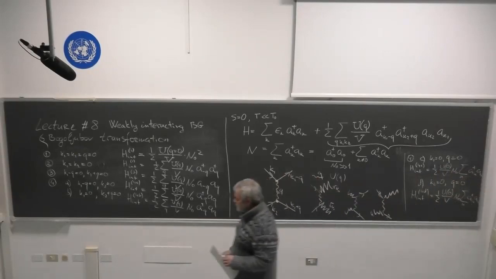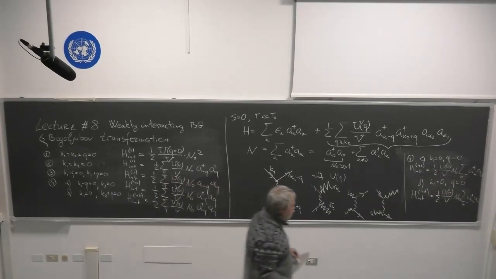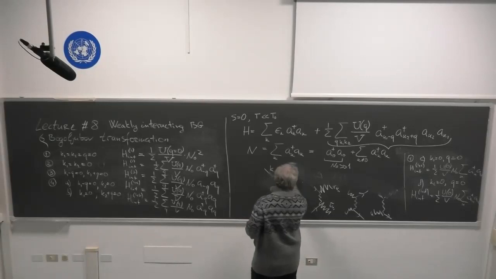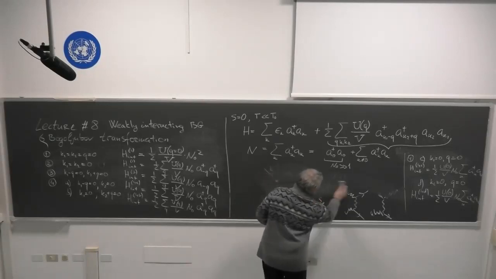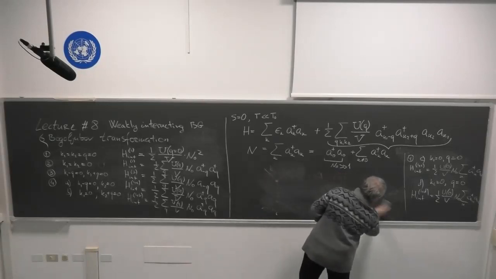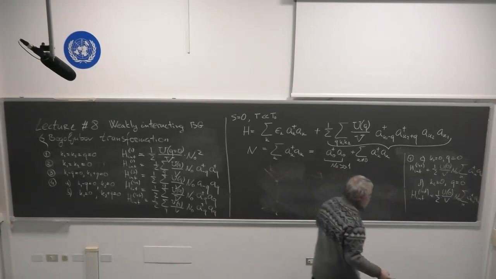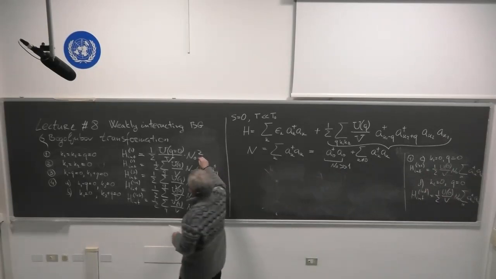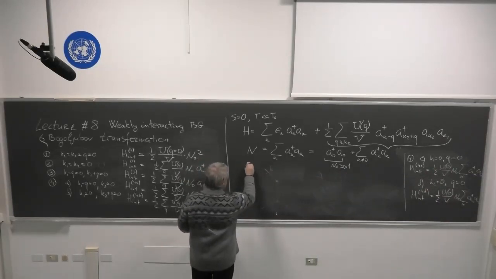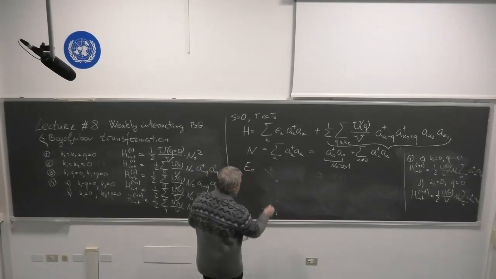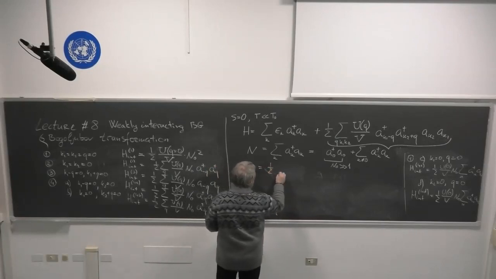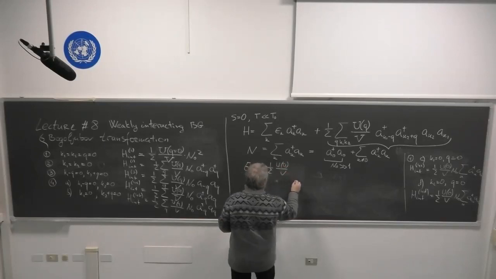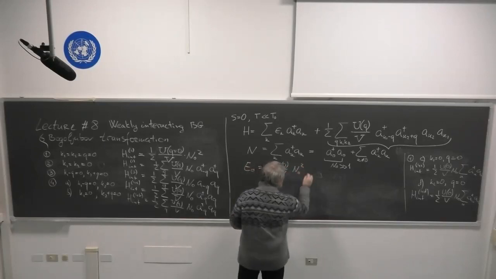So the last thing which I would like to do is, let's look at this term. I will call it E node. This is a constant, which is 1/2 U node over V times N node squared.